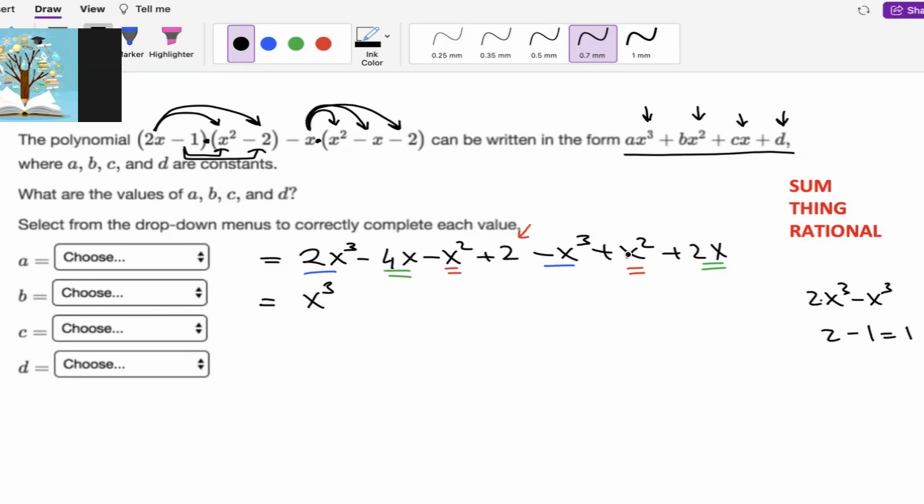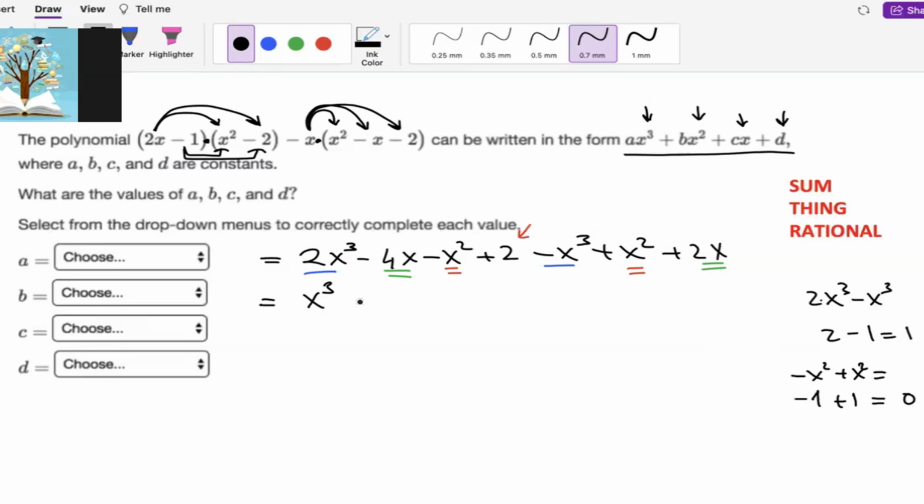When it comes to x squared terms, one of them is negative, one of them is positive. Negative x squared and positive x squared, as if minus 1 and plus 1 addition, which is 0. So they cancel each other out. But here the x squared is present, so the question is what I should write.